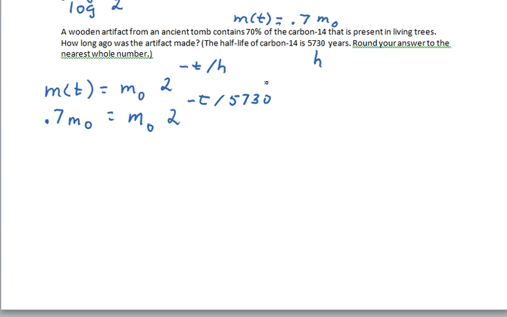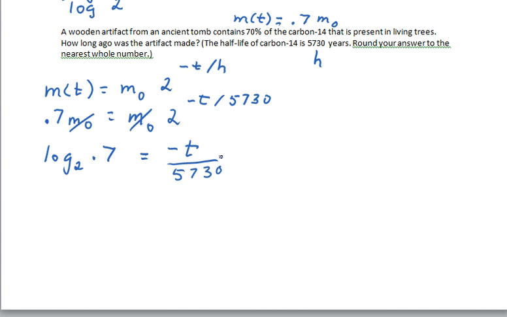5,730. Now we can cancel the m sub zeros, and we get the log base 2 of 0.7 is equal to the opposite of t over 5,730.